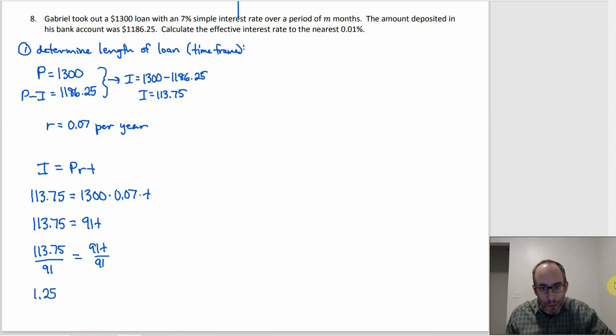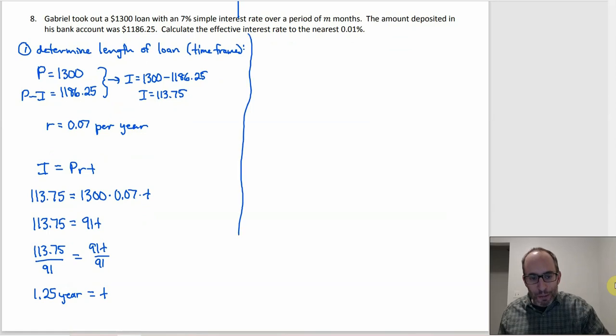So it's 1.25 years, right? Since the rate was in years. I guess 1.25 year, I think you write it that way, when it's one and change rather than pluralizing it. Although I could be wrong about that. But once we have the time frame, then we can figure out the effective interest rate.